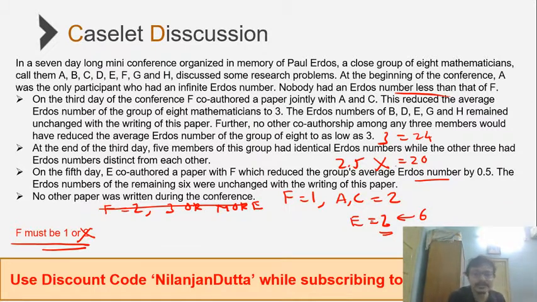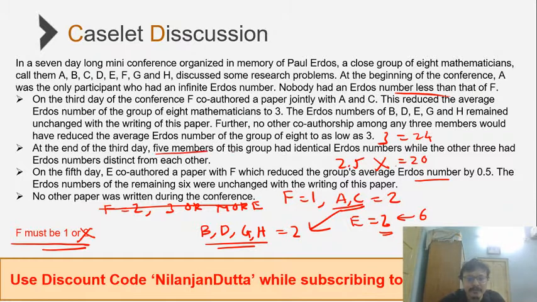So at the end of the third day, 5 members of the group had identical order of number, while the other 3 had order of number distinct from each other. Already out of the 5, 2 of them are A and C, which means there are 3 more people, that is 3 people out of B, D, G and H, who also had an order of number equal to 2, which is the only way it is possible that 5 members had the same order of number.